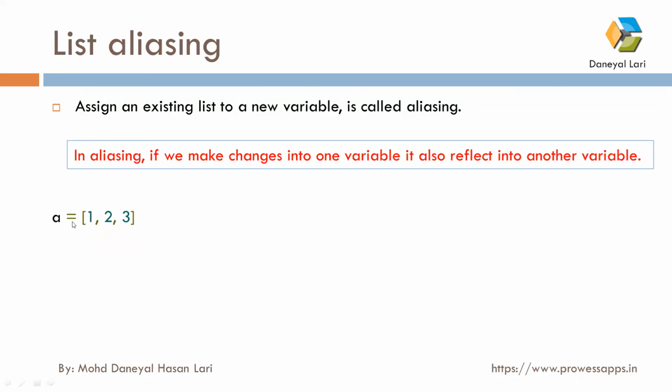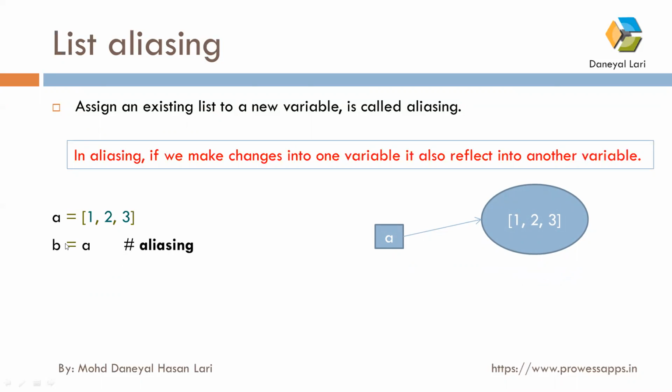Suppose you have a list a = [1, 2, 3], and after that I write the statement b = a. This is called aliasing. When you write a = [1, 2, 3], you can see here an abstract memory representation I am showing you: one object will be created in your memory that holds 1, 2, 3 as a list, and the name of the variable by which you can access that object is a.